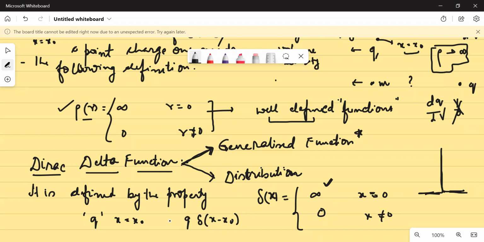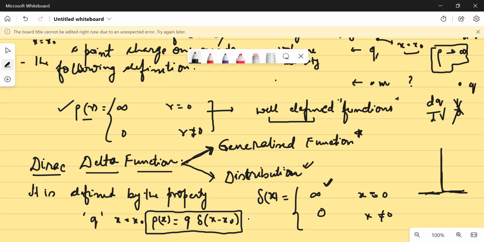So I'm not saying this is the charge. This is the volume charge density of a point charge, which suggests that the entire distribution of charge is at a point, and beyond that there is no contribution.